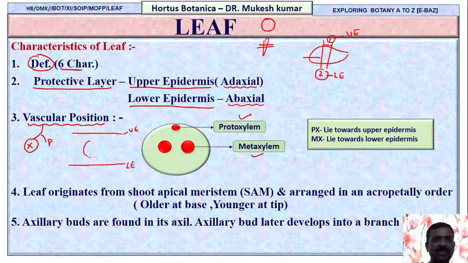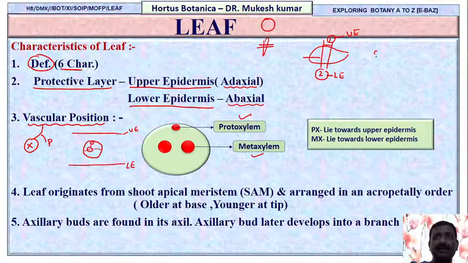If you are talking about the vascular bundle here, you'll find the smaller one and the larger one. The smaller one is the protoxylem and the matured one is the metaxylem. When you are going to tell about the vascular position in root, remember, we already discussed the root and stem.